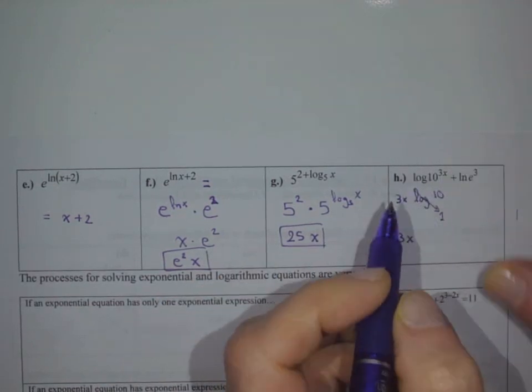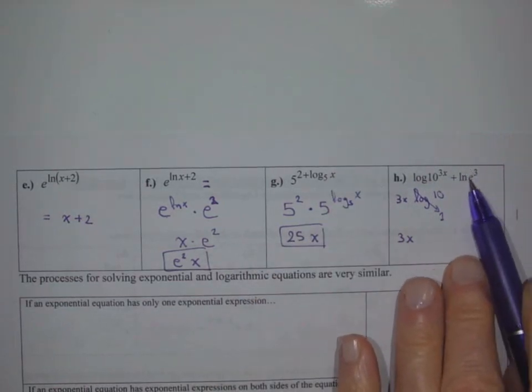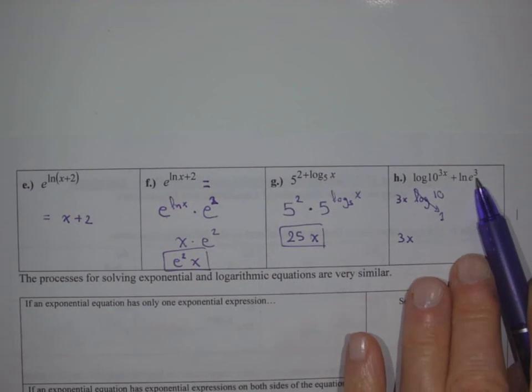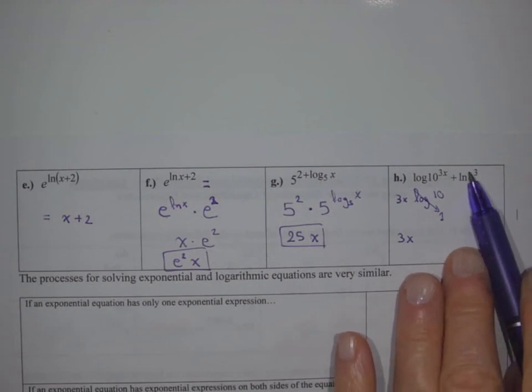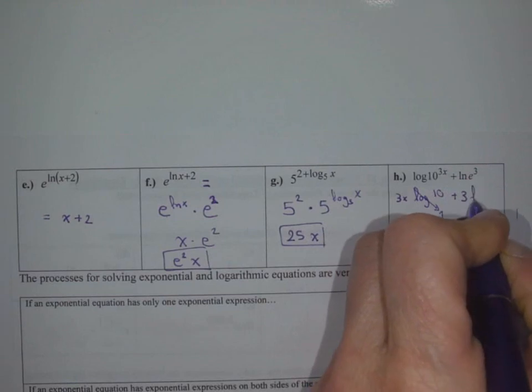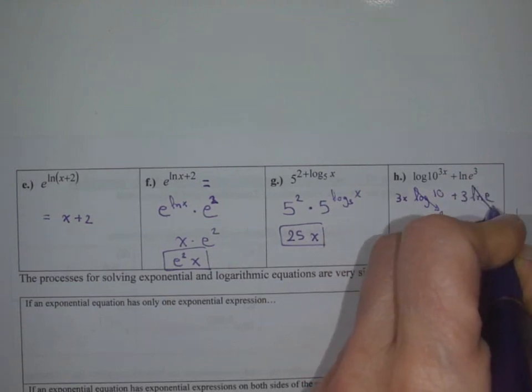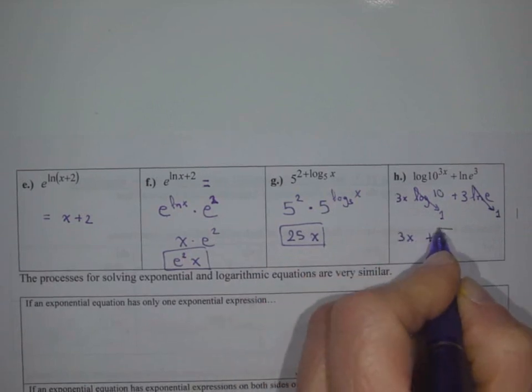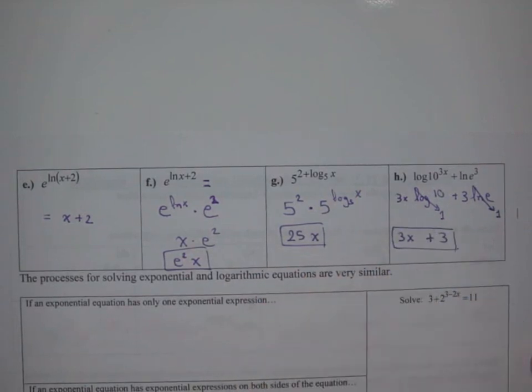So that's for that portion. Now let's focus on this portion here. A natural log has a base e, and when the base and the argument are the same, they go to 1. So bring this 3 to the front. This now goes to a 1, and we are just left with the 3. So this will be my answer, 3x plus 3.